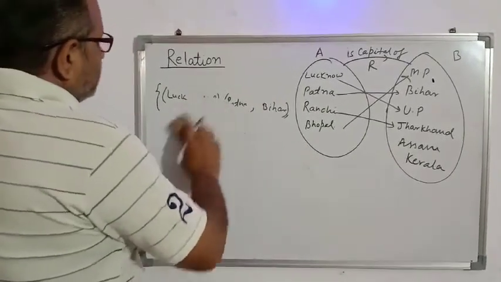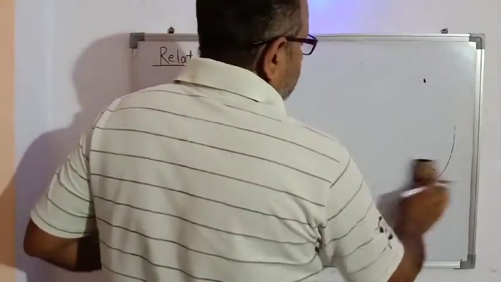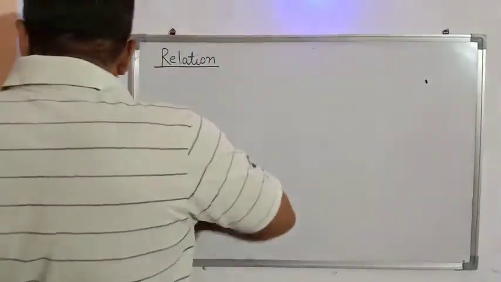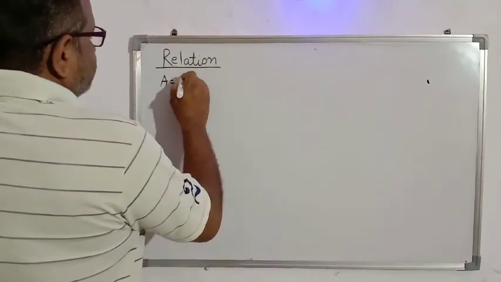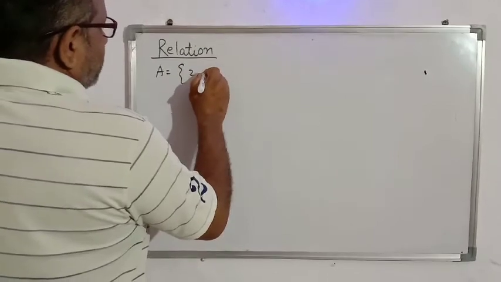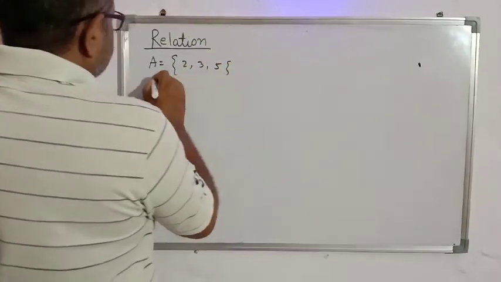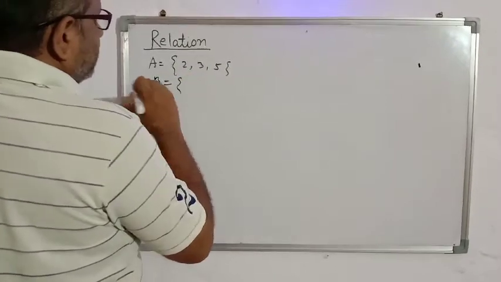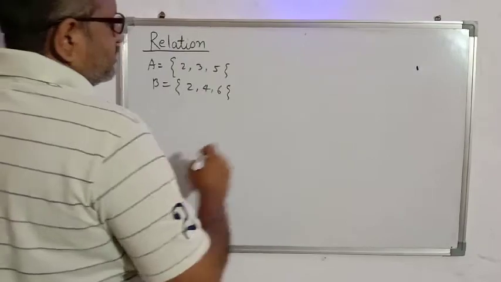Let us see one more example. We take a set A which contains the elements 2, 3, 5 and a set B which contains the elements 2, 4, 6.